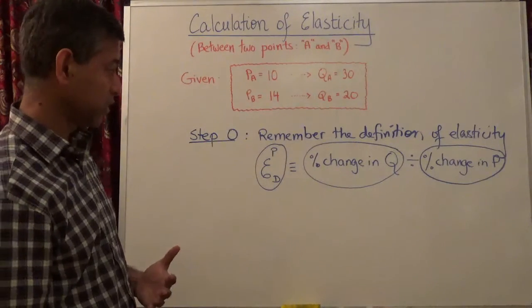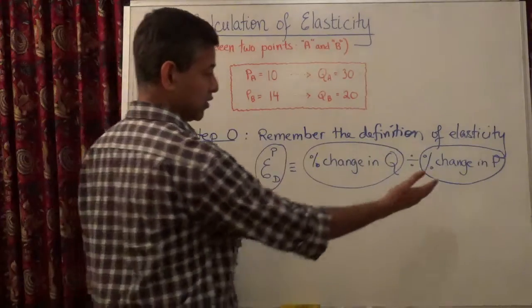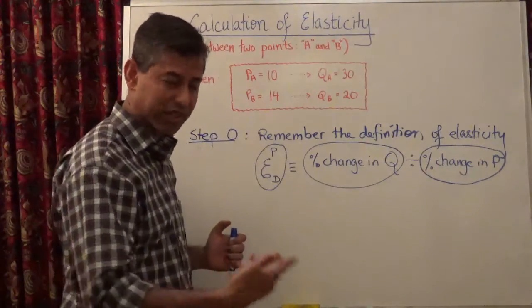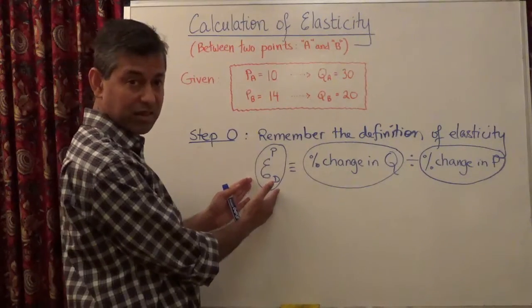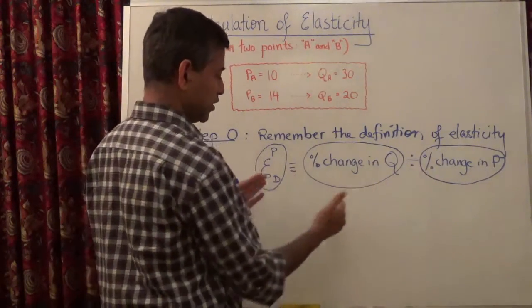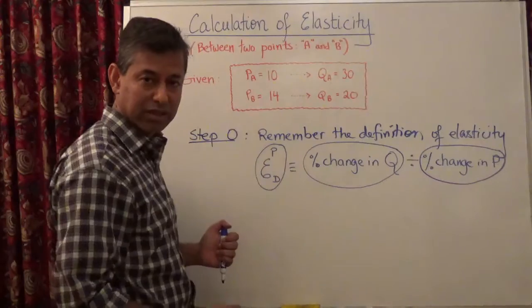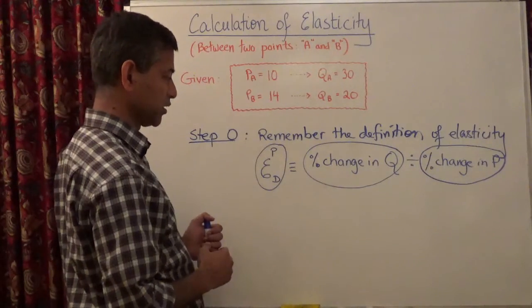If alternatively we had information on, let's say, percentage change in price, or we could calculate percentage change in price with given information, and we knew the elasticity, then we could use this formula to figure out what must have been the percentage change in quantity.